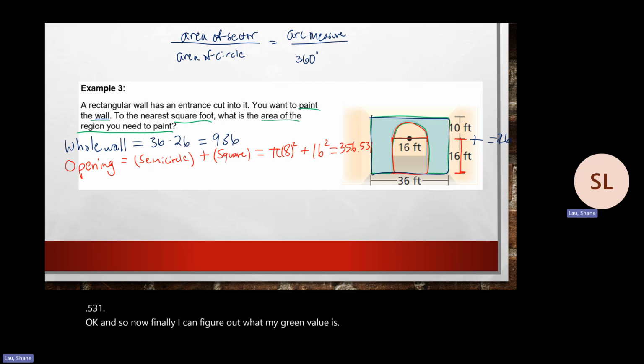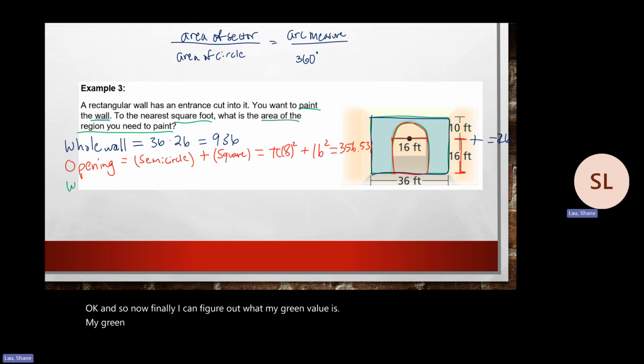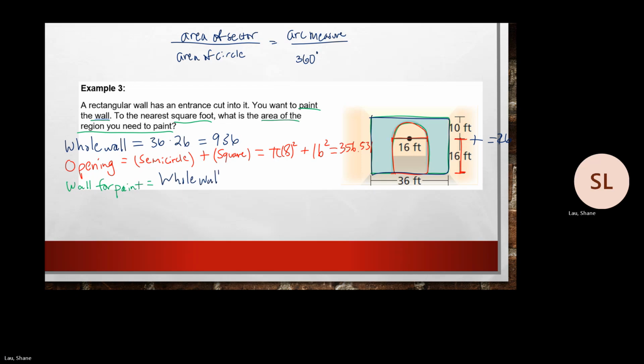My green value, the wall or paint, we'll call it, is going to be equal to the whole wall. Sorry, I'm going to try to color coordinate this as best as I can. Whole wall minus our opening.